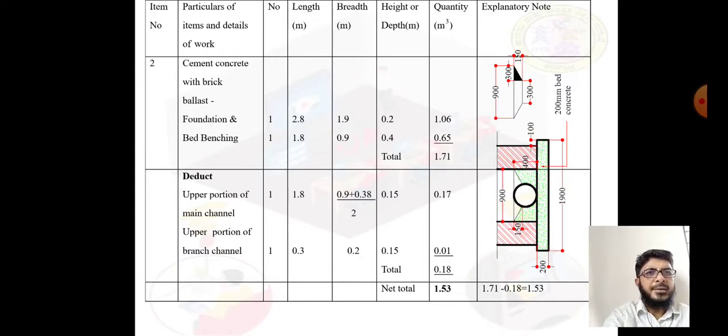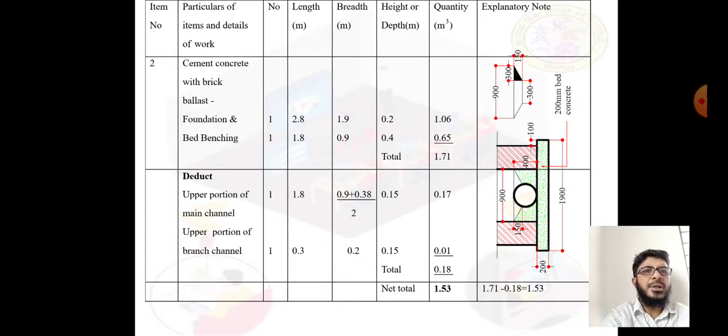You can refer to this in the sketch, okay. So we got this quantity as 0.01. So the total quantity we have to deduct is 0.17 plus 0.01, so the total is 0.18.